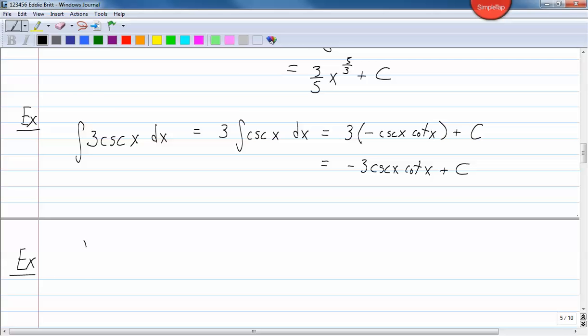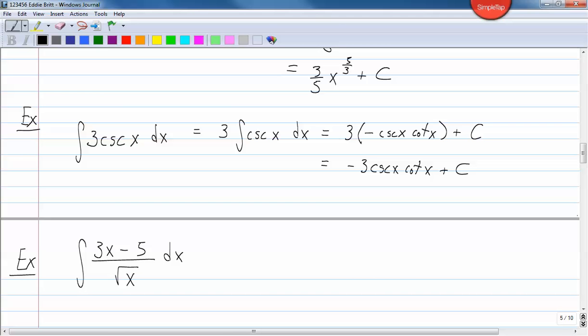Alright, now let's do one more. Let's say I had the integral of 3x minus 5 over the square root of x dx. So I have the integral of a fraction.